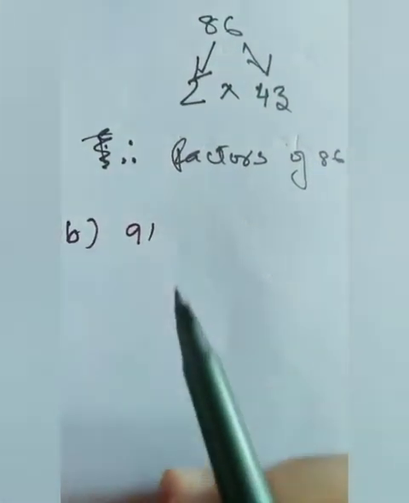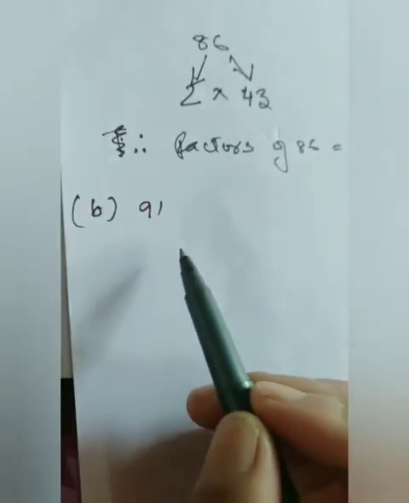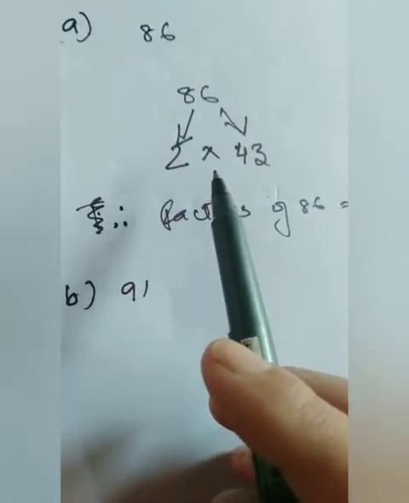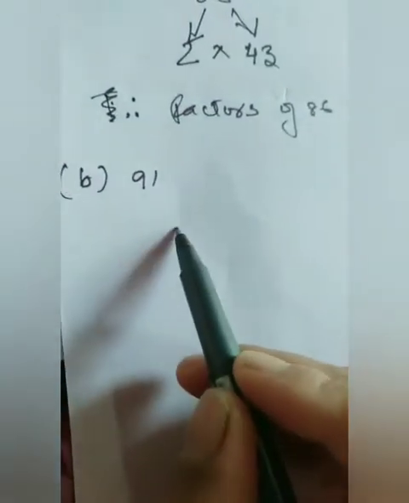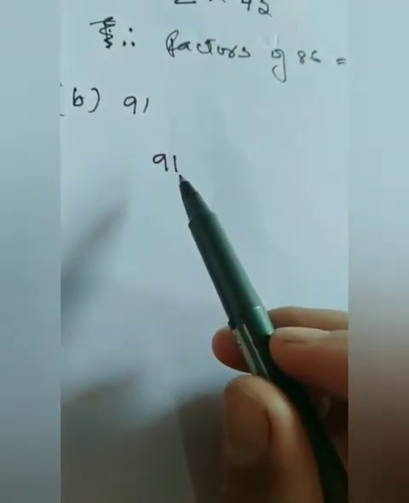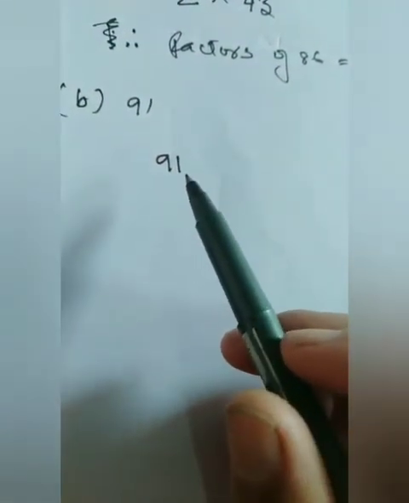Now let's write down question B. Question B is 91, right? So let's factorize this one also. This is how you have to factorize in the factor tree method. So 91, we all know that 1 is not in the divisibility test of 2, right? What about 3?